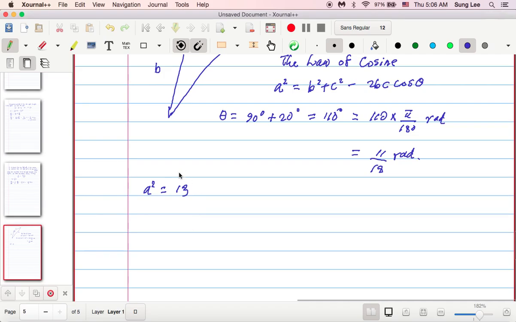So 13 squared plus c squared minus 2 times 13 times c times cosine of 11 over 18 pi.